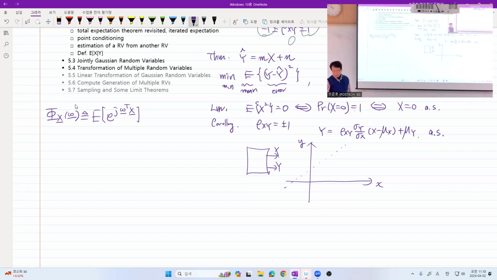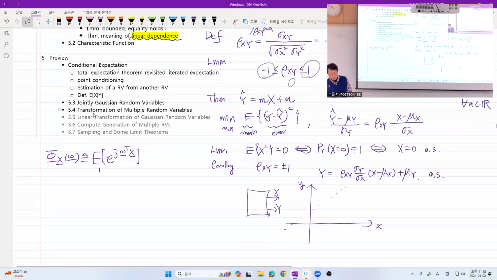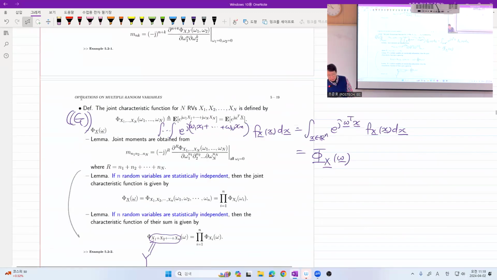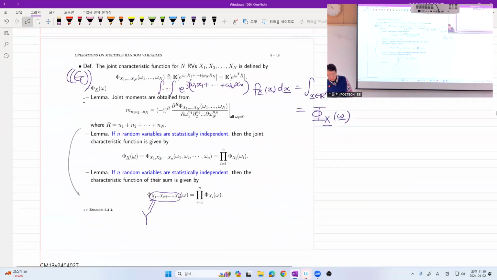And given that, we could do something interesting like this stuff. Okay, if the random variables are independent, then the joint characteristic function becomes the product of marginal characteristic functions.